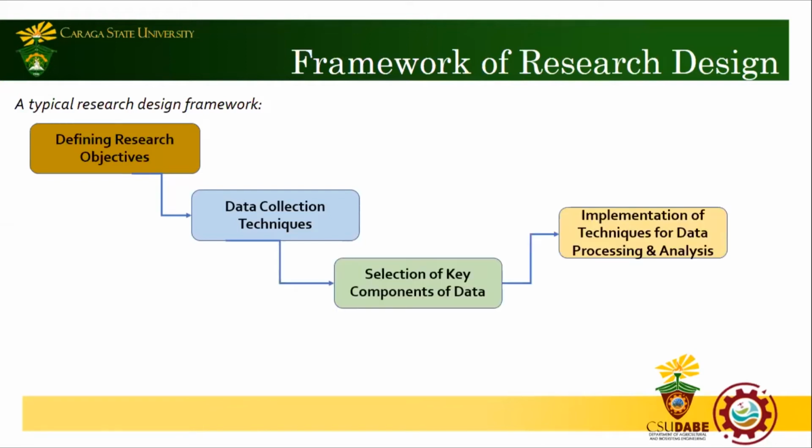And selection of key components of data. Kung mayingon gani kag key components of data, assuming nga gi-declare na nimo ang imong mga variables. For example, kung ang imong study is more on the quality values of the product, moisture content, soluble solids, pH, tan-awon din nimo ang key components of the data.